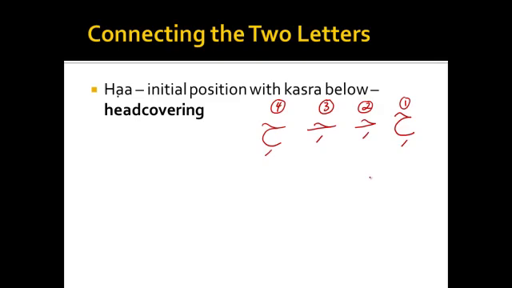Well, it's in the initial position because the next letter after it is a jim. Hij, hij. You see the jim there? So we're going to have to connect. So we're going to write the ha here with the kasra, and it's going to connect. So this is the form here.